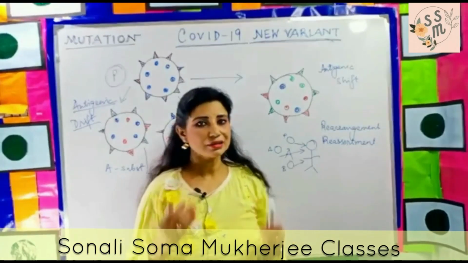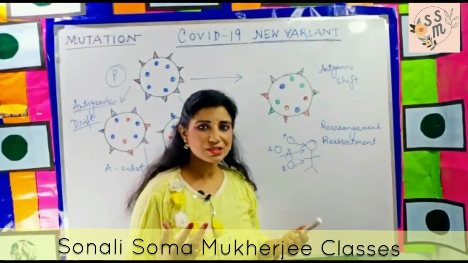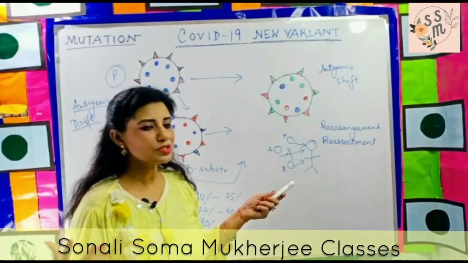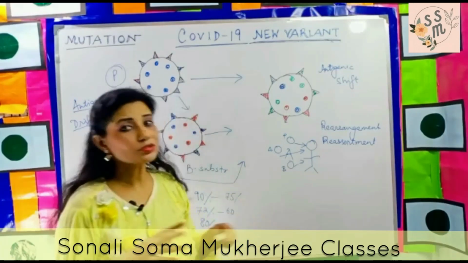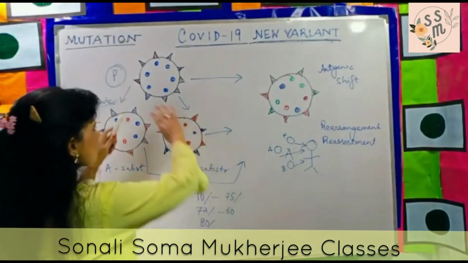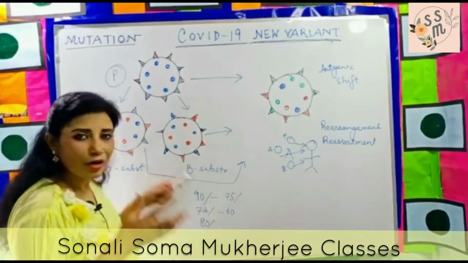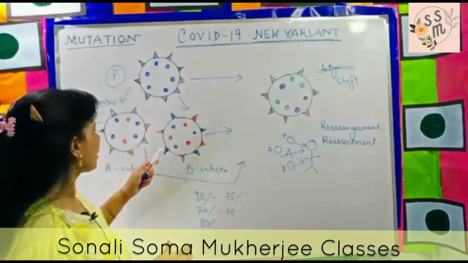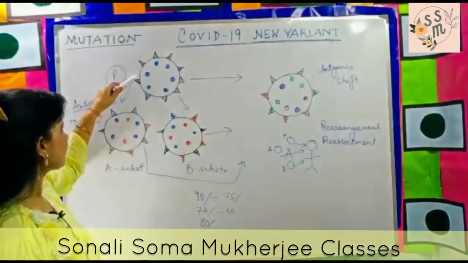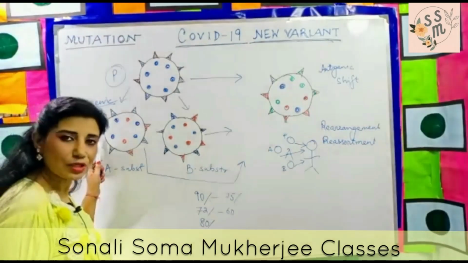For an antigenic shift, the necessity is what? The host, that is a person who is living, whose immune system is unable to recognize those spike proteins, because those are the different strains that are coming up of the same virus, the original virus, giving rise to, as in my diagram I have tried to show you, from the parent strain two substrains due to antigenic drift, due to mutations.